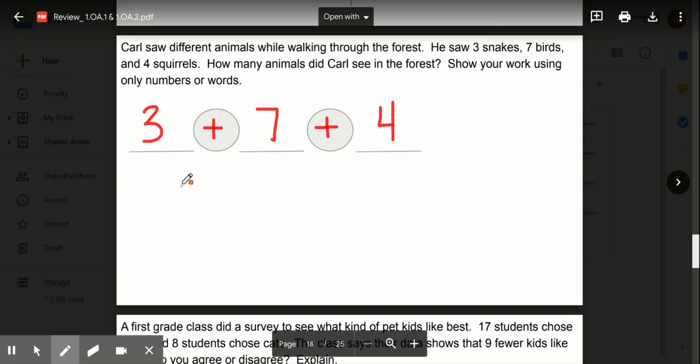Since it wants us to use numbers, I'm going to use tens and ones to solve to get an answer. So I have 3 snakes, so 3 ones. 7 birds.